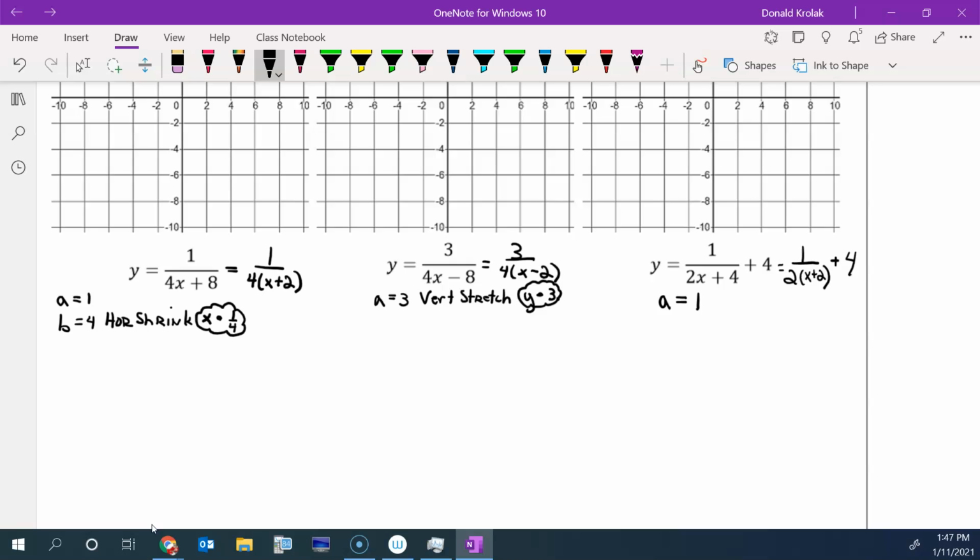Same thing here: X coordinate times a quarter.